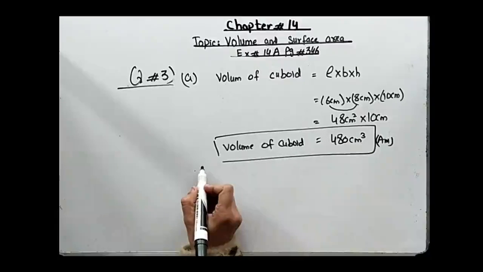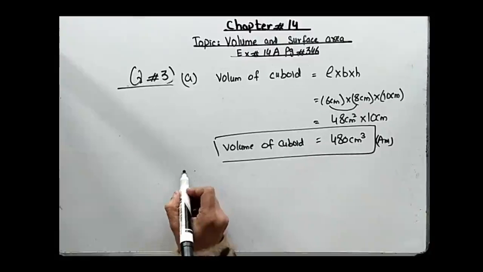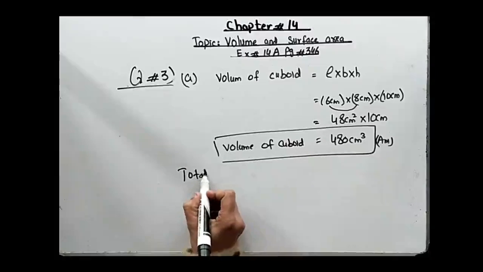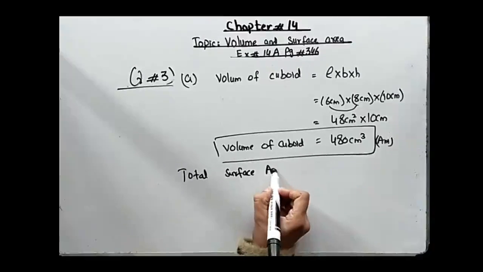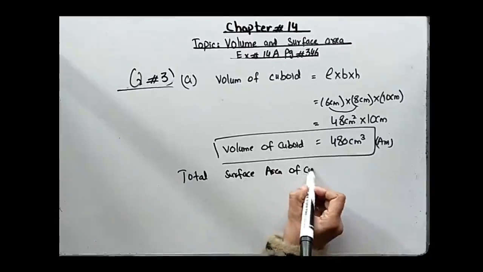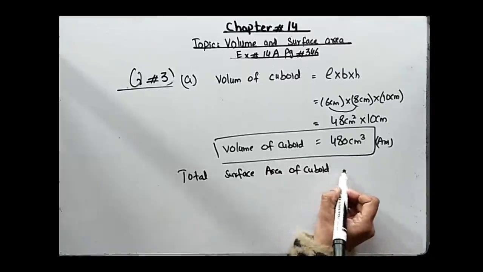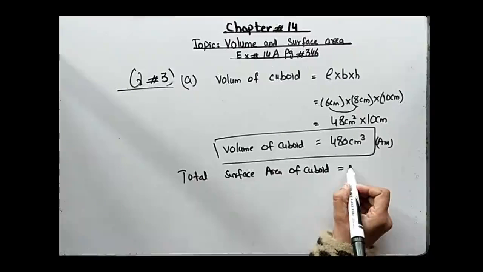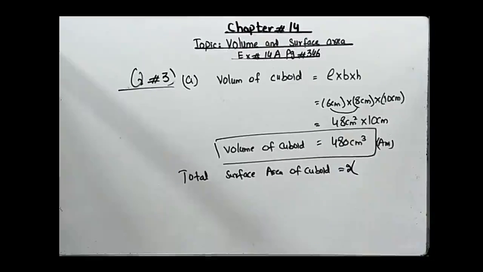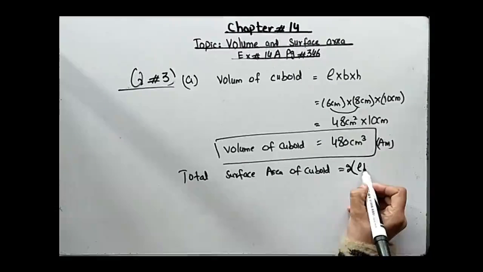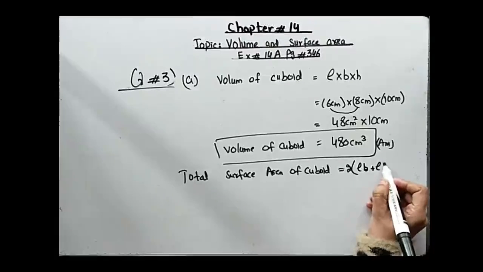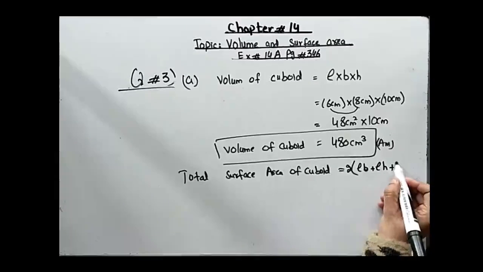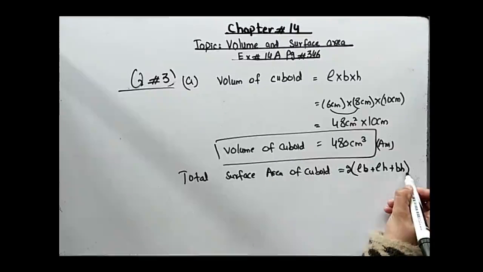Now we can find the total surface area. Surface area of cuboid is equal to, put the values in the cuboid formula, 2 into (length multiply breadth plus length multiply height plus breadth multiply height).